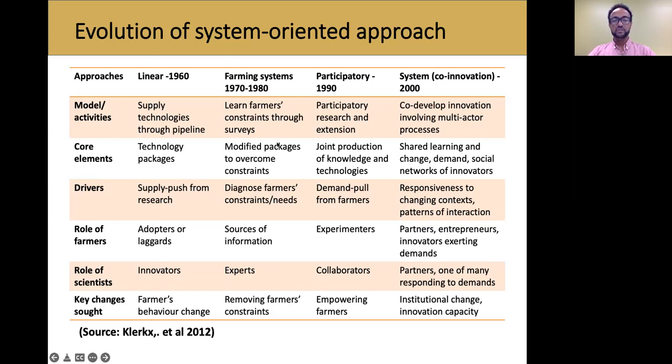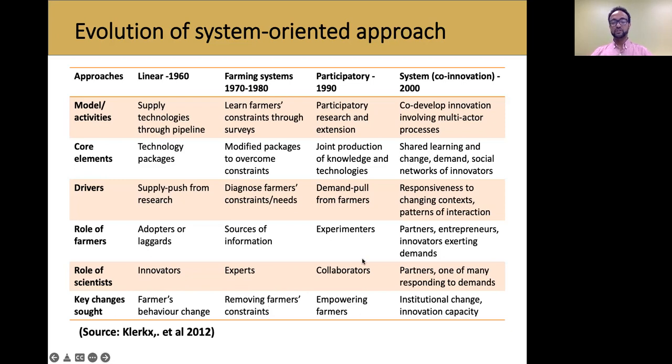But that's not always true, which is why the farming systems approach was developed in the 1970s, to respond to the problems encountered with the linear approach. Because researchers were not getting enough information from farmers about what kind of needs they have, they developed surveys to understand farmers' constraints and to try to remove those constraints through the information they got from the surveys.